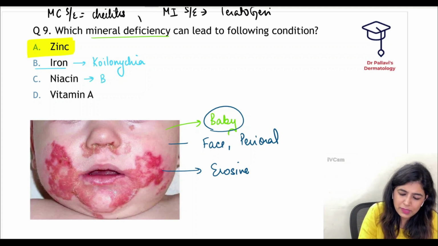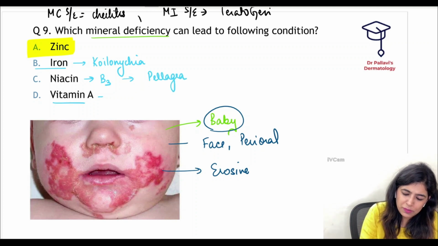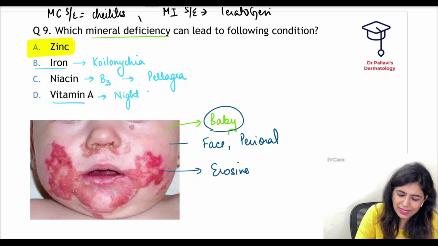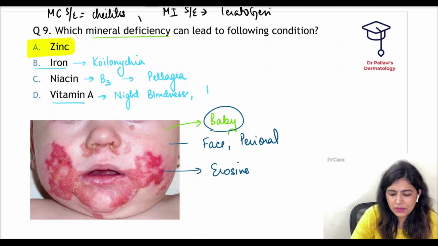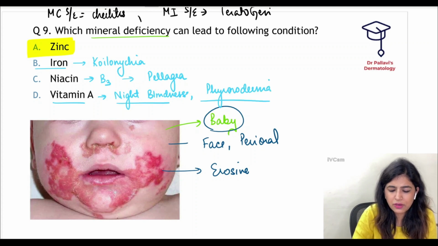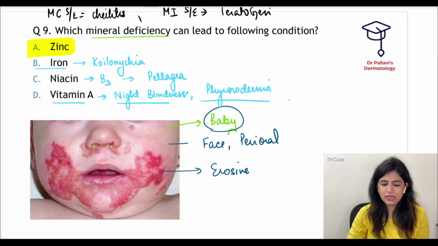Niacin, which is vitamin B3, the deficiency causes Pellagra. And vitamin A deficiency causes night blindness. In the skin, it causes phrynoderma, which is frog-like skin. Okay, so these are all the important deficiencies.